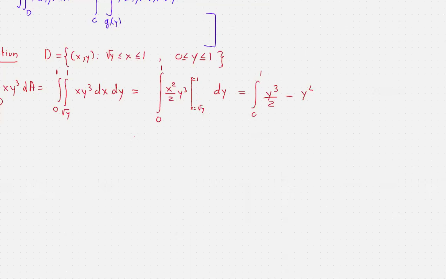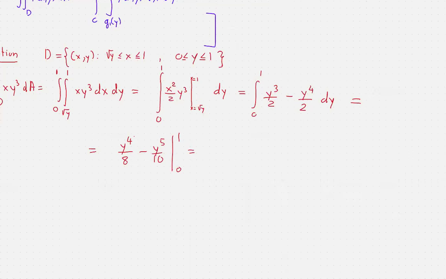And now, of course, this is a very simple integral. This will be the antiderivative of y to the 3rd over 2 will be y to the 4th over 8. And the antiderivative of y to the 4th over 2 will be y to the 5th over 10. And we want to go from 0 to 1, which means we're going to subtract 1/10 from 1/8.